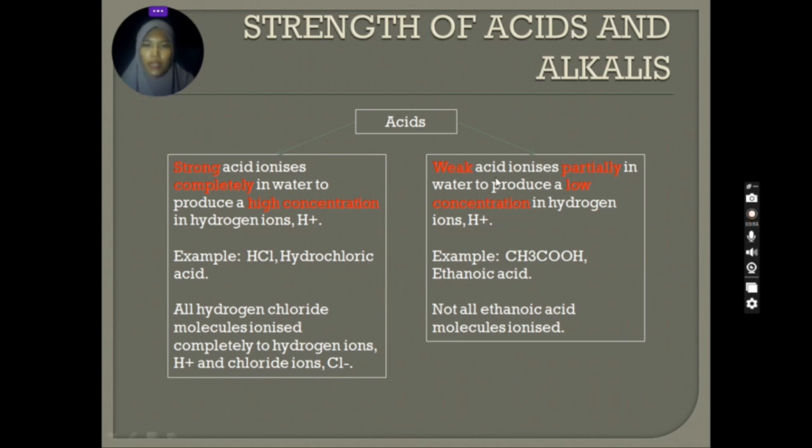Next, weak acid. Weak acid ionizes partially in water to produce a low concentration of hydrogen ions. For example, ethanoic acid. Not all ethanoic acid molecules ionize, which means if there are 100 ethanoic acid molecules, not all 100 ethanoic acid molecules will ionize.